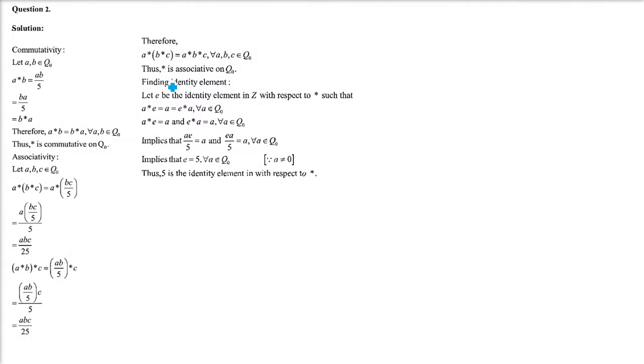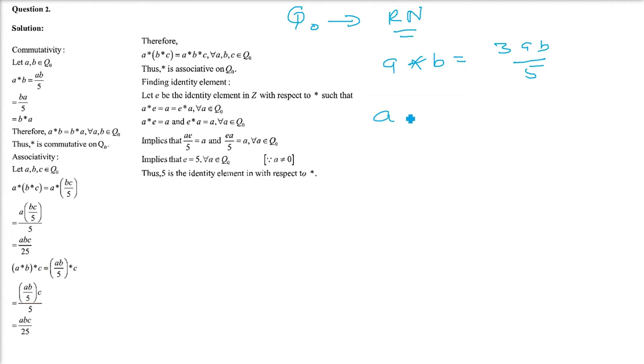Now question number 2. This is a CBSE 2010 question. Let star be a binary operation on Q0, the set of non-zero rational numbers, that is p by q form with no zeros, defined by A star B equals 3AB by 5 for all A and B belonging to Q0.